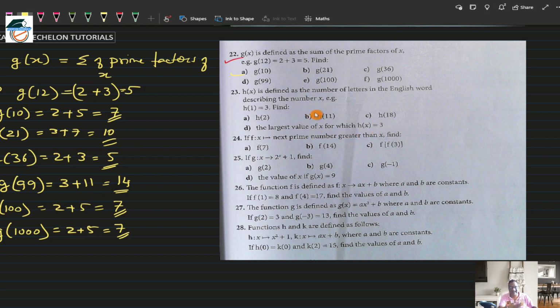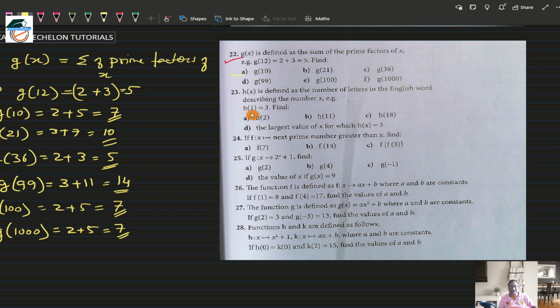Okay, once again let us go to the question. h of x is defined as the number of letters in the English word describing the number x. Example, h of 1 is equal to 3. So I think the meaning of this is the number of letters in the English word describing the number x.